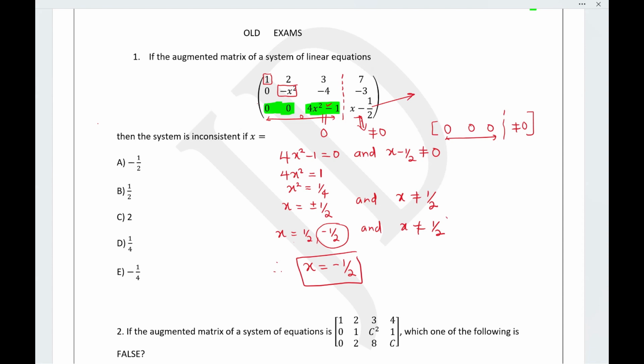So our answer is this one. So anytime you are asked for inconsistent or no solution, which is the same thing as inconsistent, this is what you should be targeting. Your last row, you want all to be 0, but the right-hand side should not be 0.